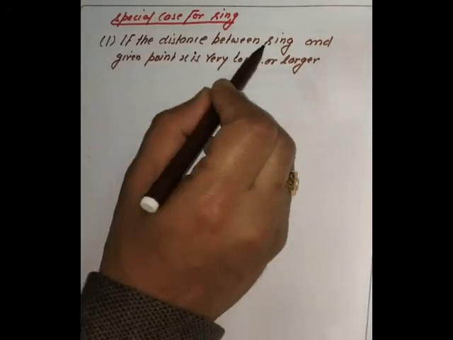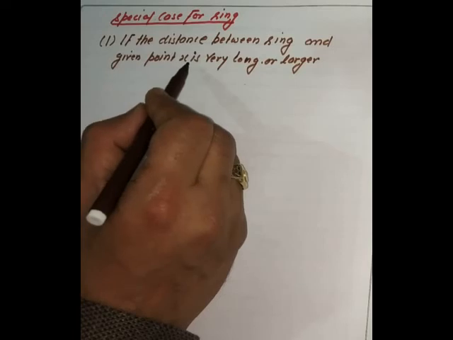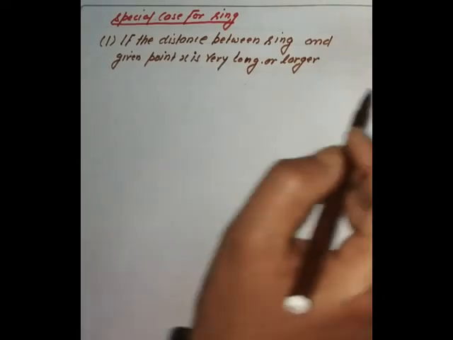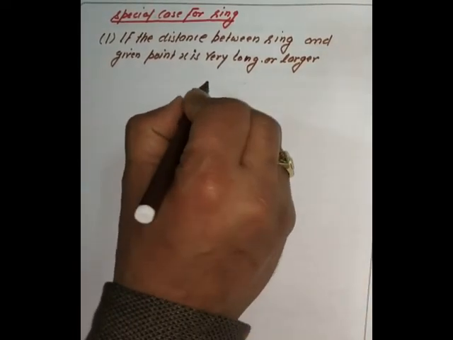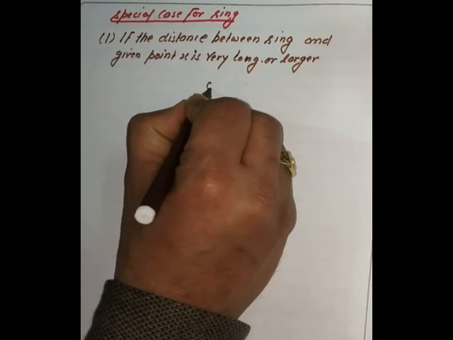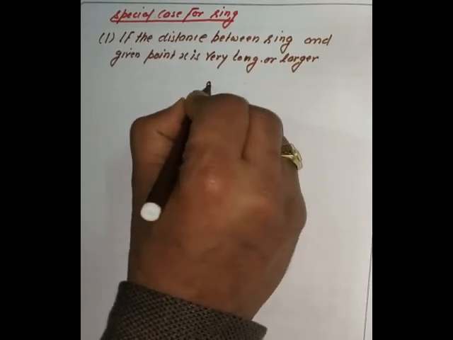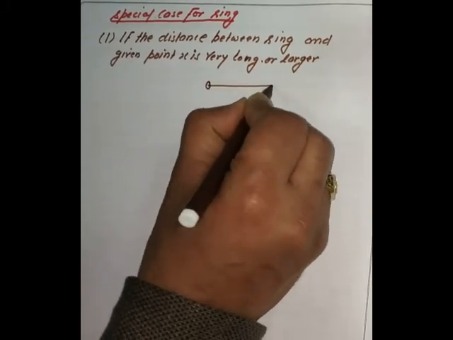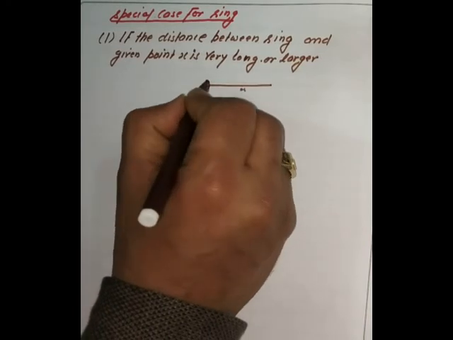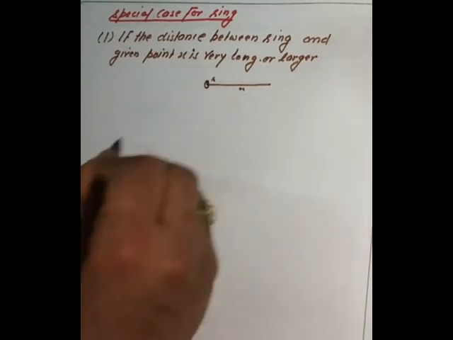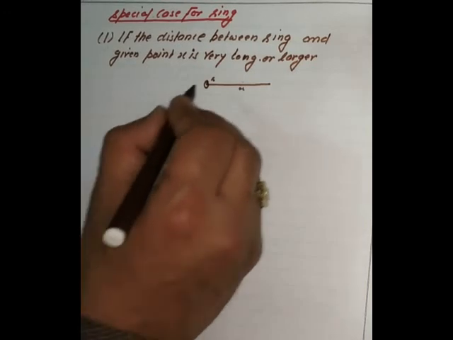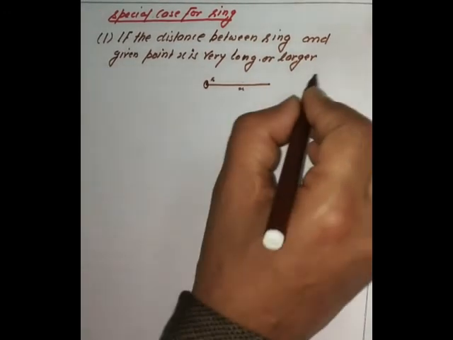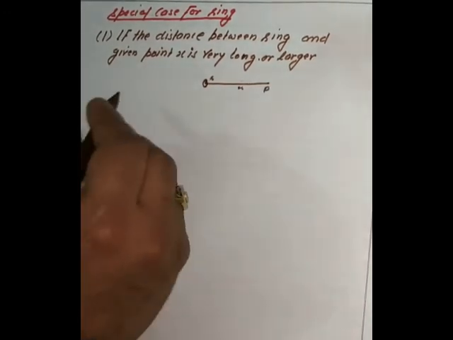If the distance between the ring and the given point x is very long or larger, in that case, this is the ring and this is the distance x, or this is the distance r. The ring looks like a point.